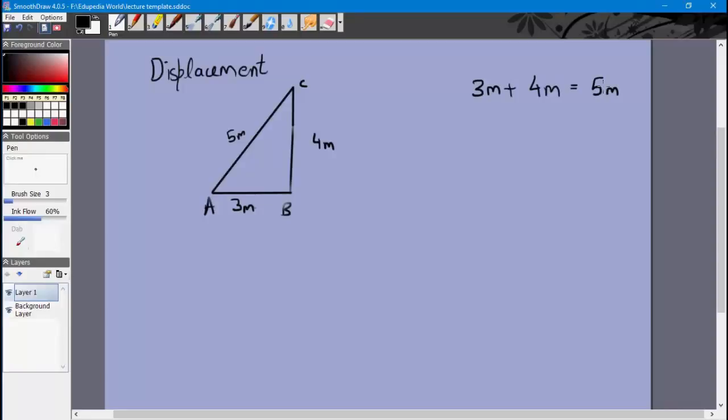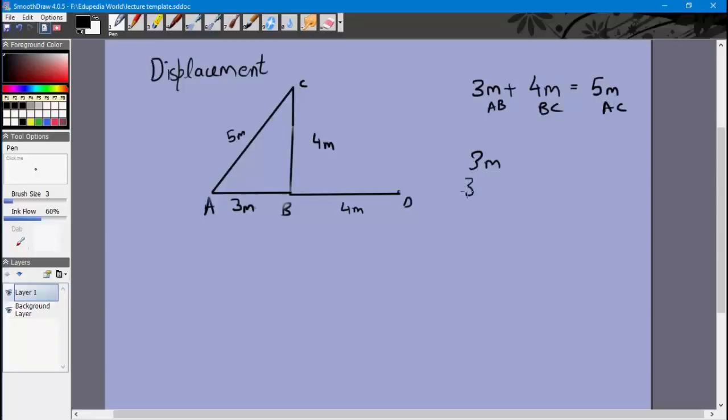But hang on, even that's not always true. What if you have another point D, which is 4 meters away from B, but it is along the same direction as A to B? In that case, if you take a displacement of 3 meters, this is, by the way, AB plus BC and total of AC.